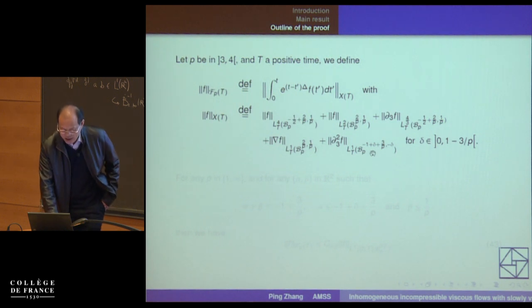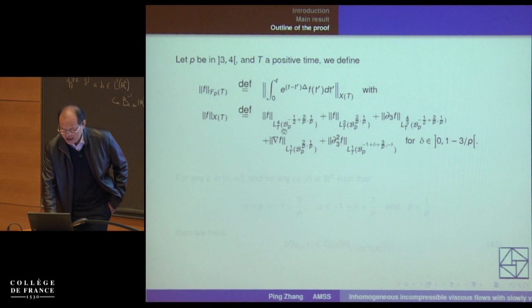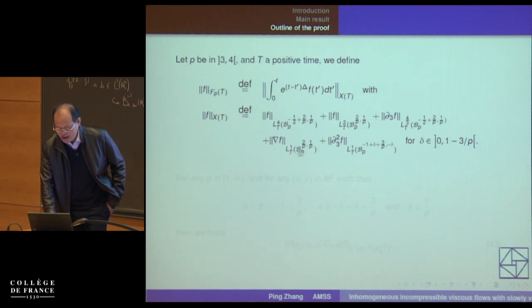The reason why we cannot introduce here, as in the classical case, L infinity with B of minus 1 plus 2 over p, 1 over p, p, is because the second derivative here has this estimate L1, B of 2 over p, p, 1 over p. But for the third derivative, we only have this L1, B to the minus 1 plus delta plus 3 over p, negative delta, p.